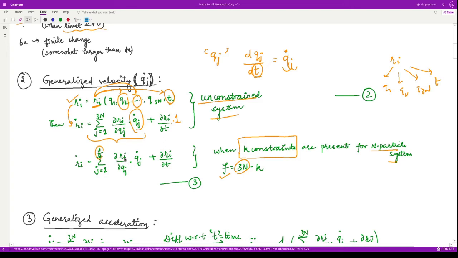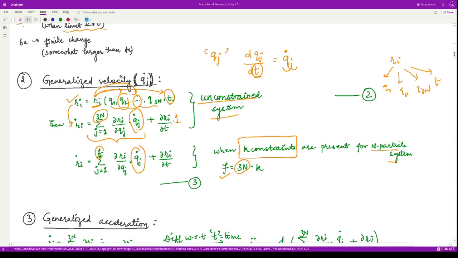Del Ri divided by del qj into qj dot plus del Ri by del t. So the only difference is here we have j varying up to 3n, and here it varies up to f. So these qj dot are the generalized velocities corresponding to the generalized coordinates qj's, right?